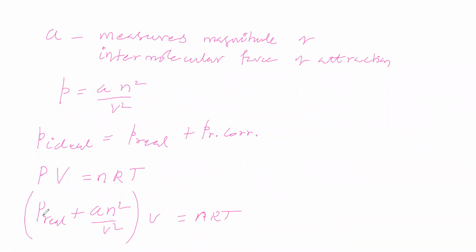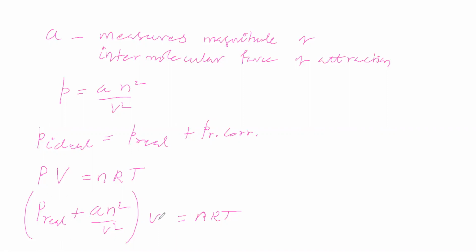A is a constant value, n is number of moles, V is volume of gas. So this bracket is giving the pressure of ideal gas.